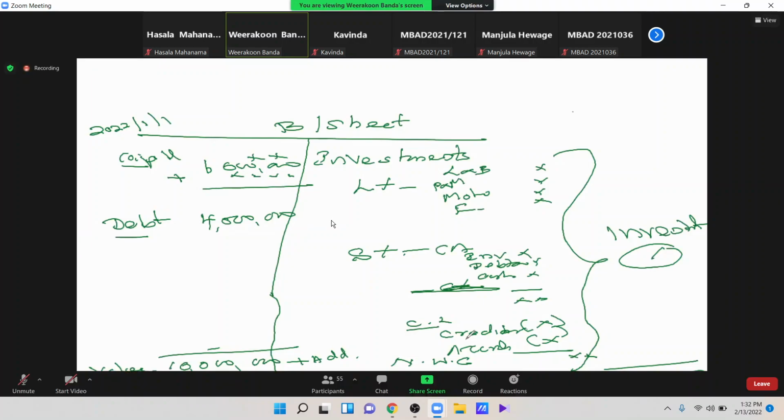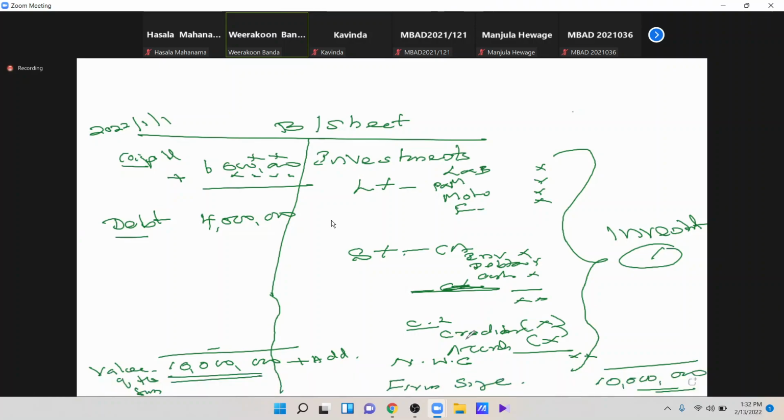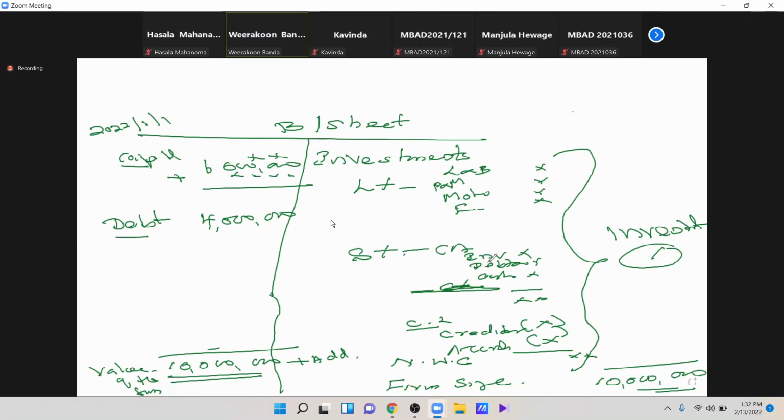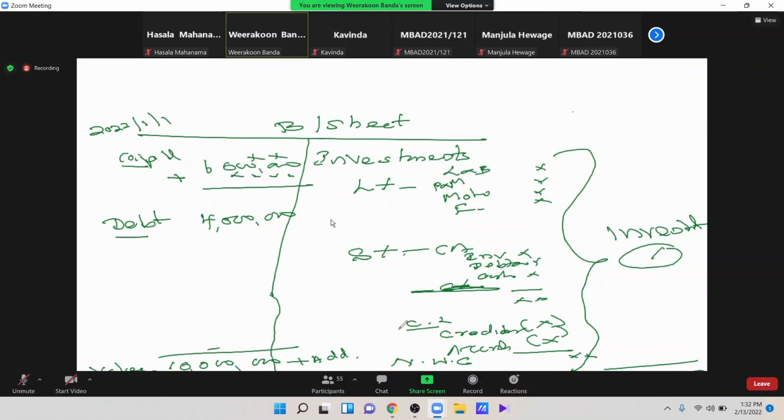In a shorter period, you have to pay those dues. For the day-to-day requirement, you need current assets, debtors, inventory, and likewise you need some value. In a similar way, you can use some external facility here, creditors. We can use the credit facilities.